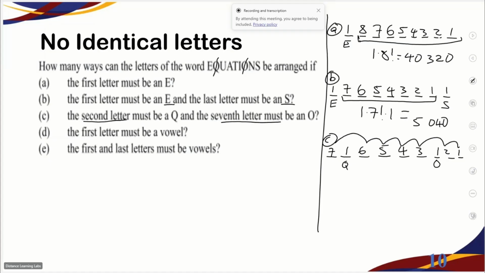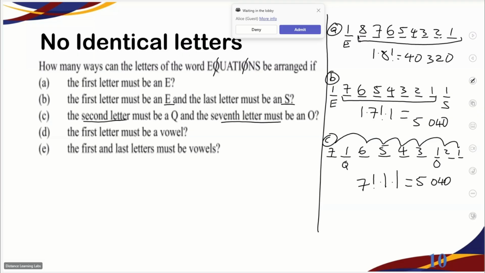Meaning we can rewrite this as our 7 factorial multiplied by 1 of Q multiplied by 1 of O. 7 factorial is still the same answer as the one that we got from letter B, 5040. Meaning if letter Q occupies the second position, O occupies the 7th position, they can be rearranged in 5040 ways.